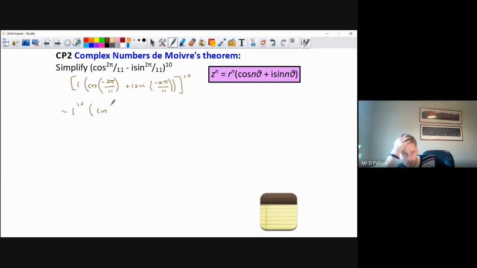And then it will give me cos, timesing that through, because the power becomes a multiplier. Now this is not between minus pi and pi, so I'm going to add 22 pi on 11 to those arguments, which is just 2 pi. And then the 1 doesn't do anything, so I've got cos 2 pi on 11. There we go, which is the answer.